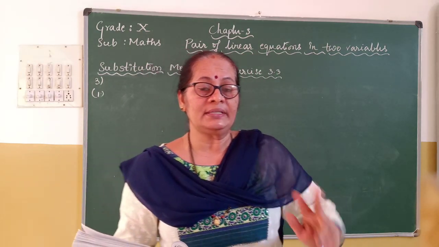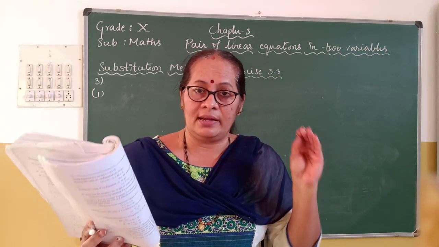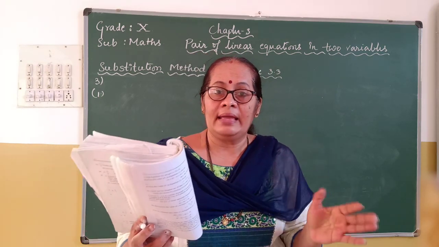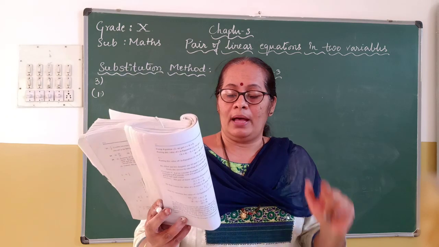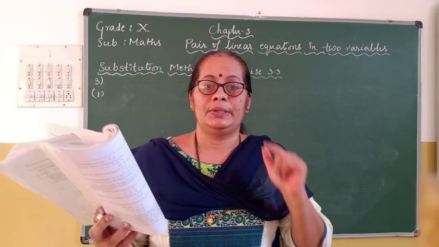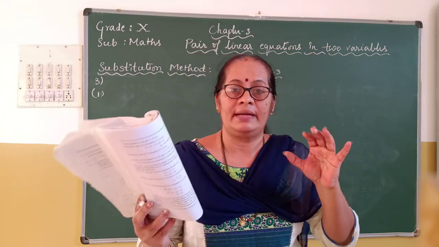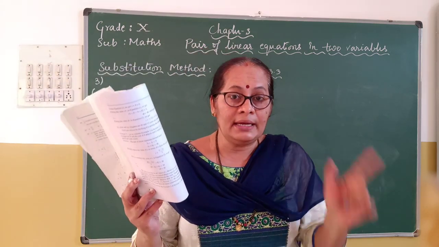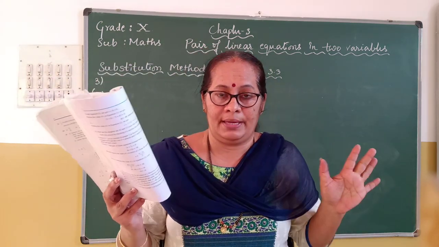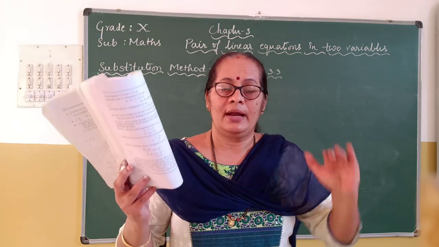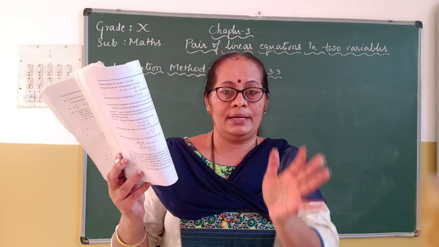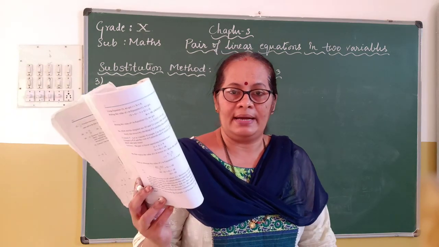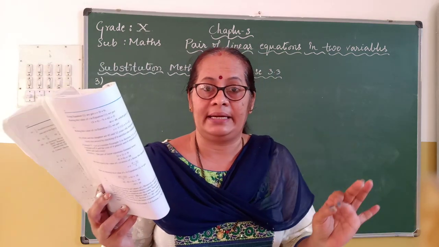The two numbers, you have to take x and y, and their difference x minus y equals 26. It means 26 is a positive integer. Therefore, x should be greater than y. Understood? So we have to write x minus y equals 26, where x is greater than y.